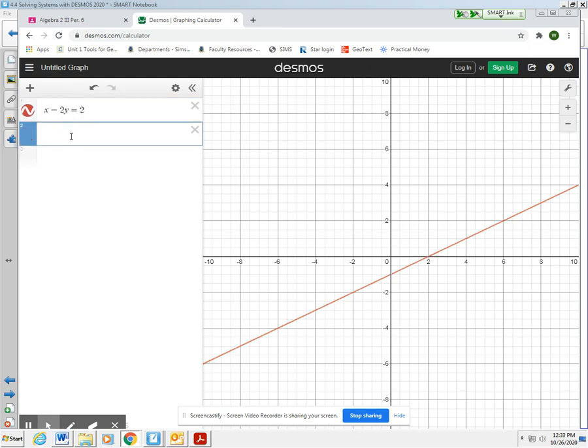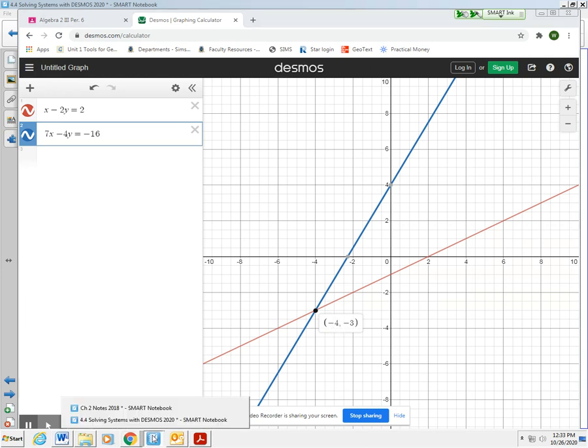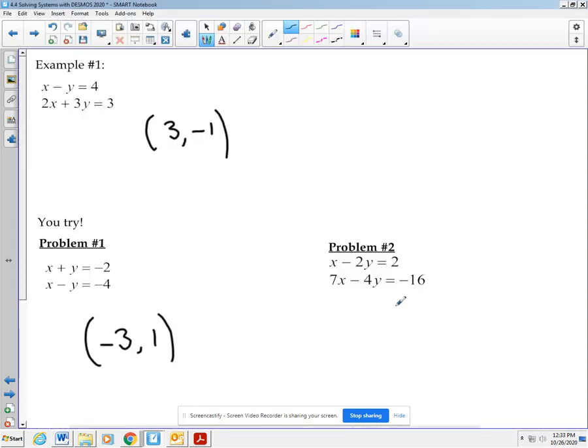And the second equation will be 7x minus 4y is equal to negative 16. Okay? The two lines intersect at negative 4, negative 3. So the solution is negative 4, negative 3.